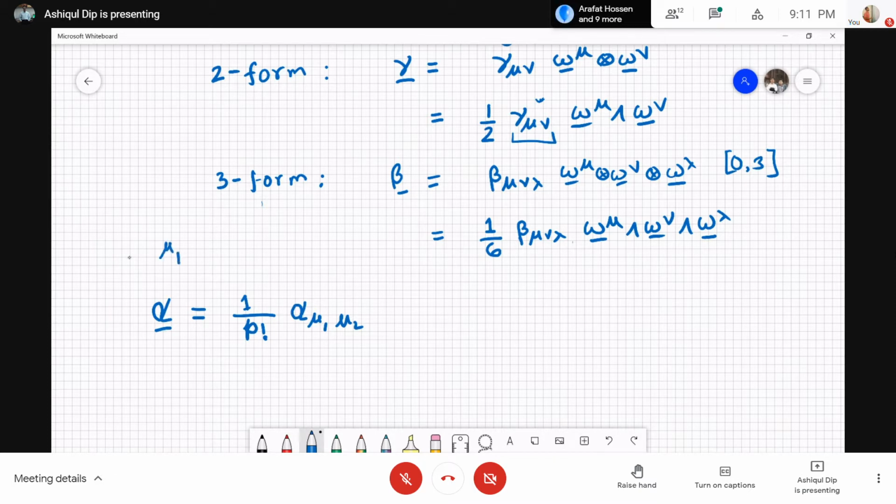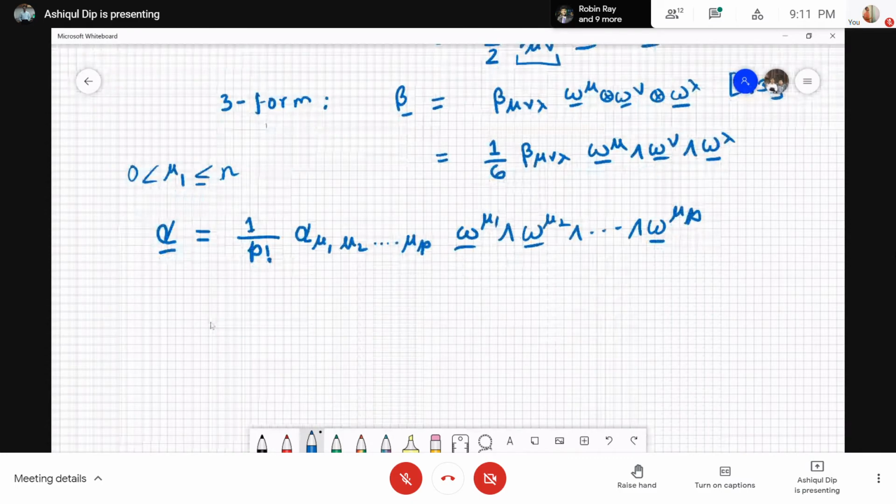So mu1 runs from 0 to n for n dimension, like that. And so on for mu2, and so it will have P indices, up to mu P, then omega mu1 wedge omega mu2 wedge up to omega mu P, like that. This is when you write in terms of wedge product.